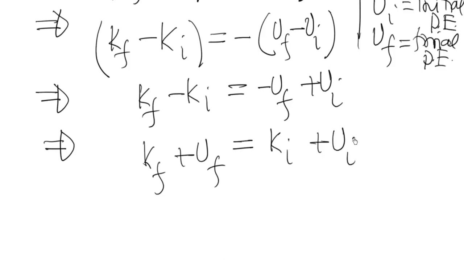That means the total mechanical energy is constant. You see, the final total mechanical energy is equal to the initial total mechanical energy. I indicates initial, F indicates final.